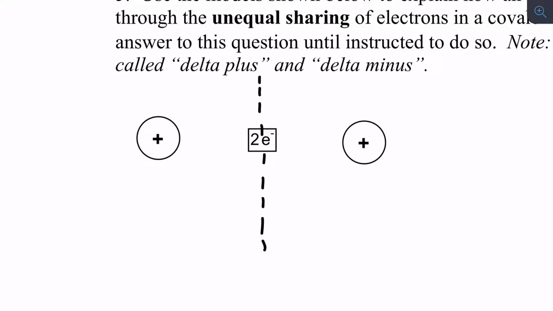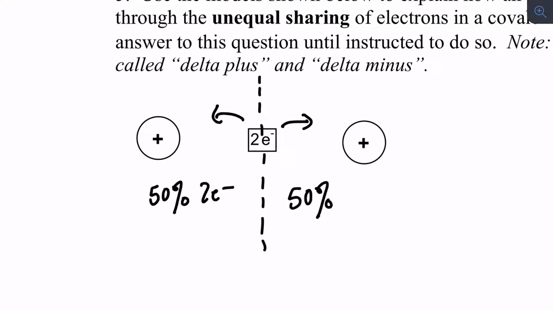And that means that 50% of my electrons are on this side, and 50% are kind of being pulled to this side. 50% of 2 electrons is equal to 1 electron, which would be a minus 1. And same on the other side, 50% of 2 electrons is equal to minus 1 charge.